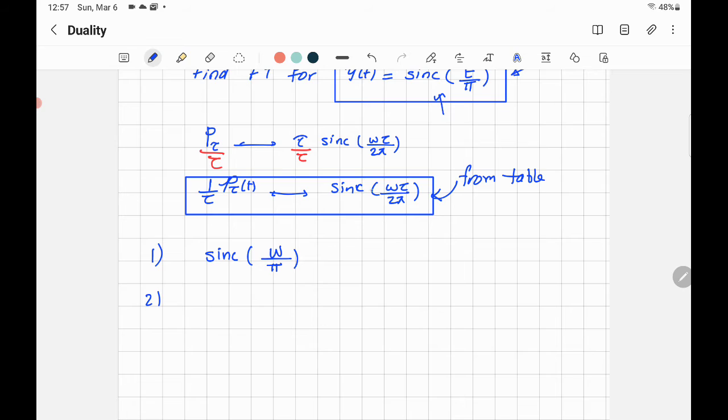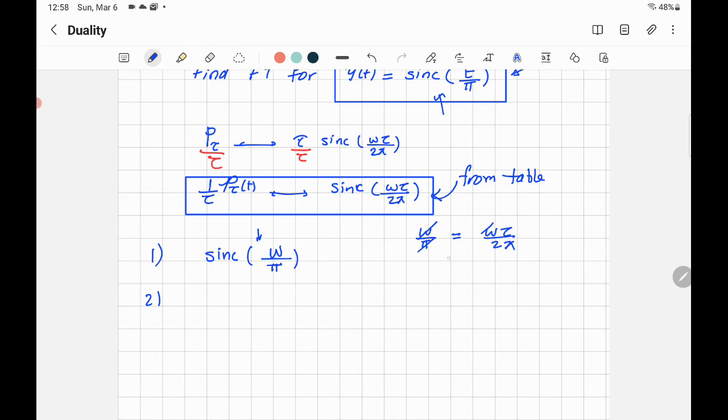The inverse of sinc is equal to 1 over tau rectangular pulse of width tau. But you don't know the tau in this one. So what you're supposed to do is just make a small comparison here. You will say omega over pi is equal to omega tau over 2 pi, and see what's the value for tau. That's easy. So omega over pi equals omega tau over 2 pi.